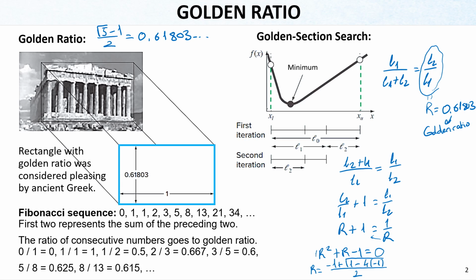So from here we will have the golden ratio as root 5 minus 1 divided by 2, which is equivalent to 0.61813.